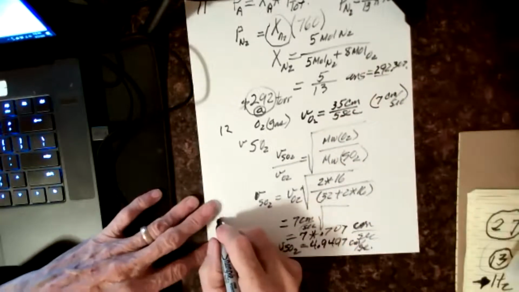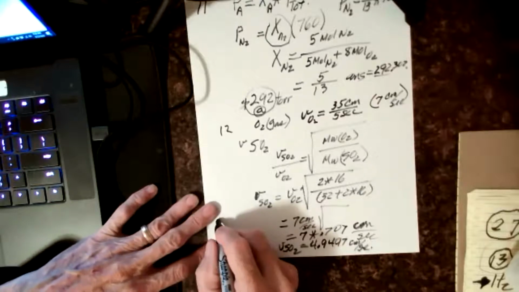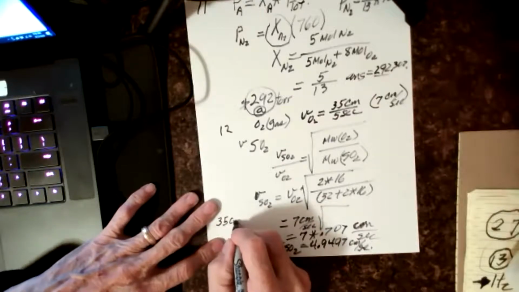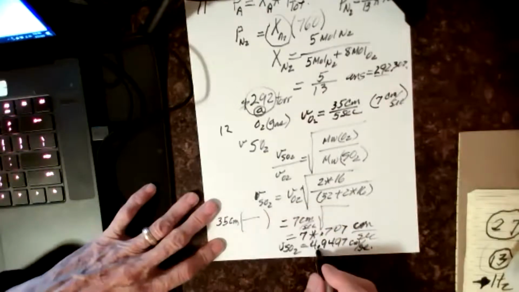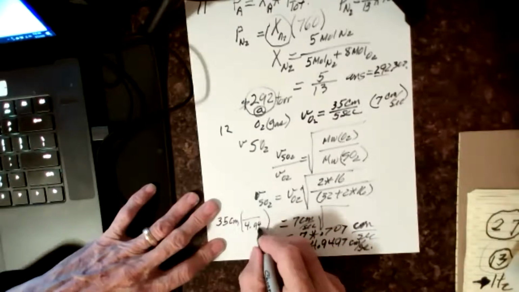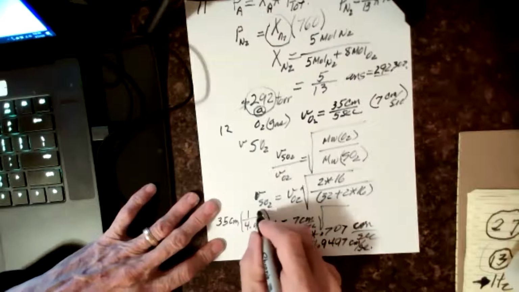How long does it take for SO2 to diffuse 35 centimeters? So I've got 35 centimeters. Now for the SO2, it's going to be traveling at 4.94 and some more digits centimeters in 1 second.